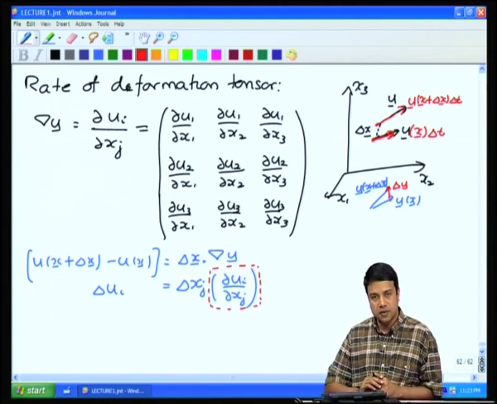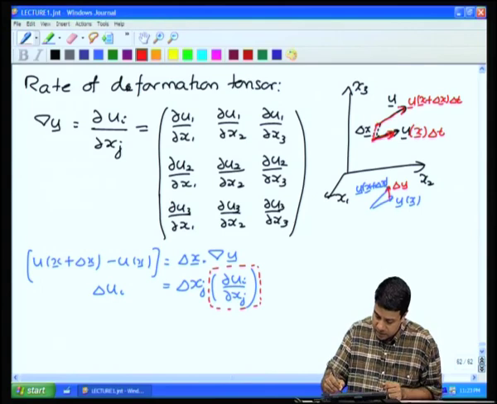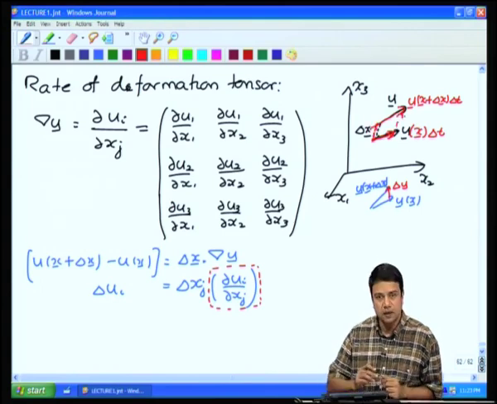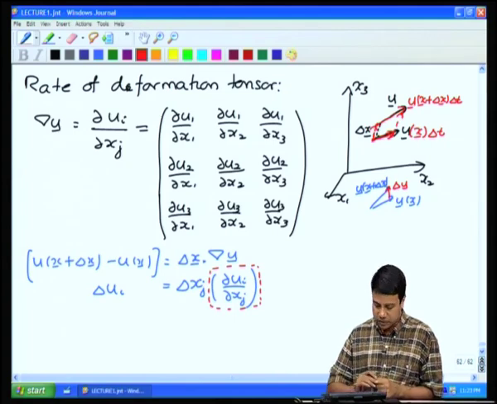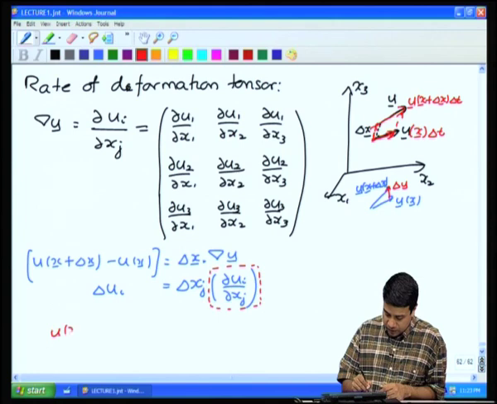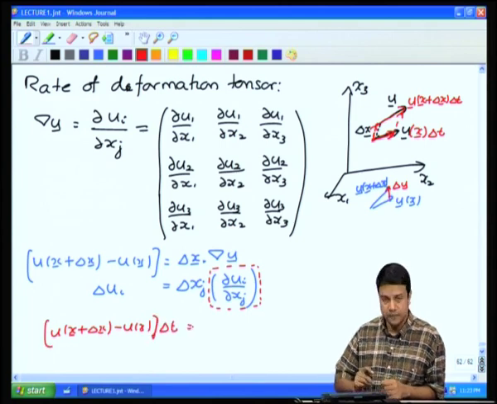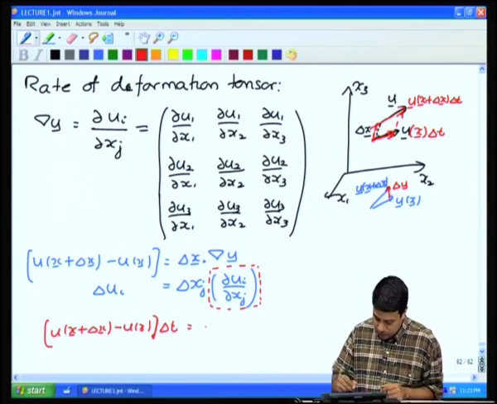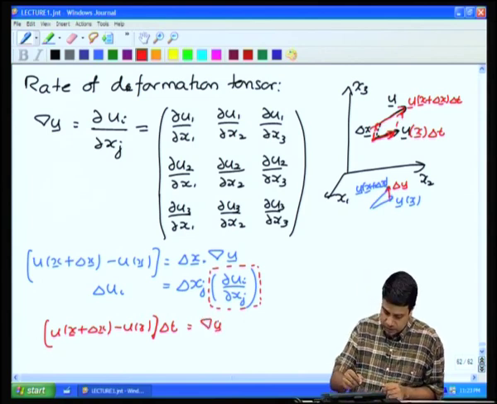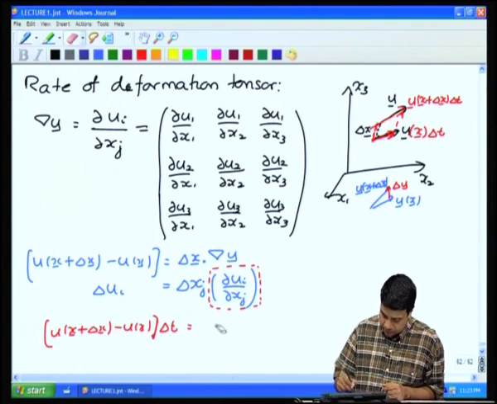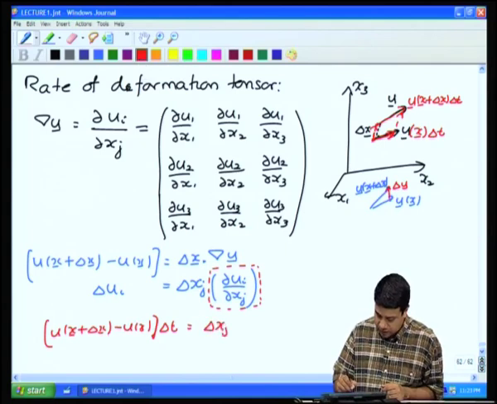Okay. So, therefore, the change in this displacement vector between these two locations is going to be equal to u at x plus delta x minus u at x, times delta t, which is equal to grad u, delta x j, partial u i by partial x j, times delta t.